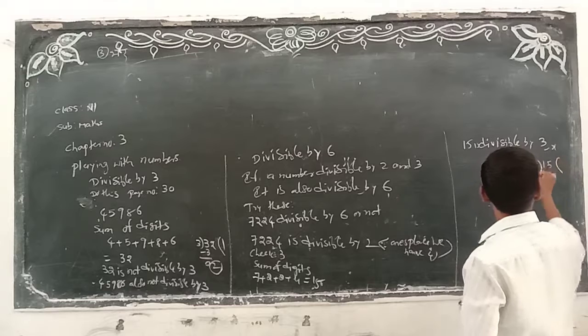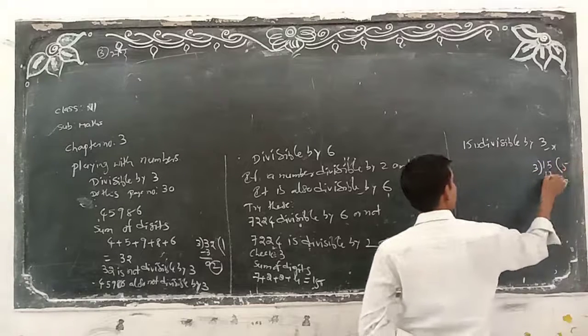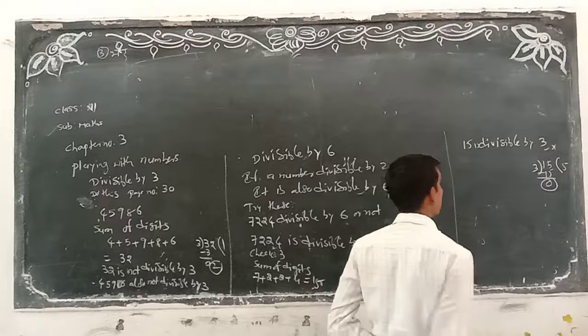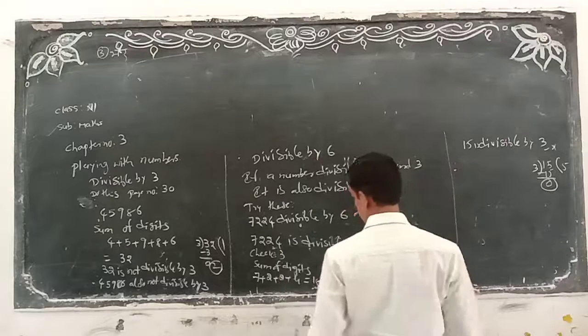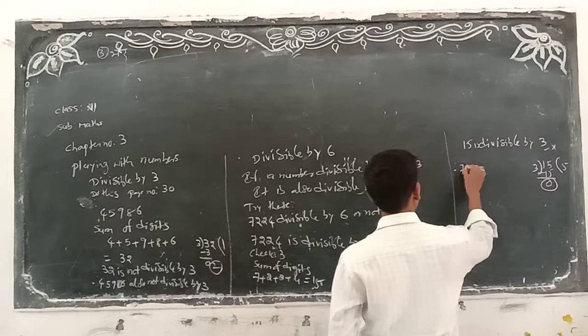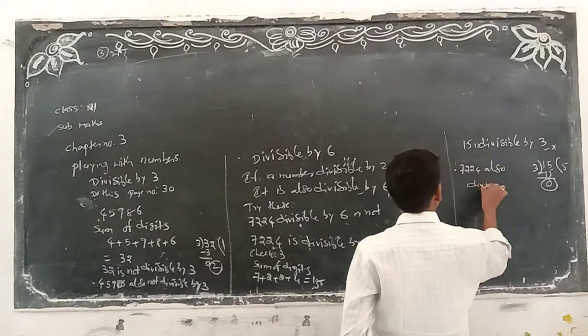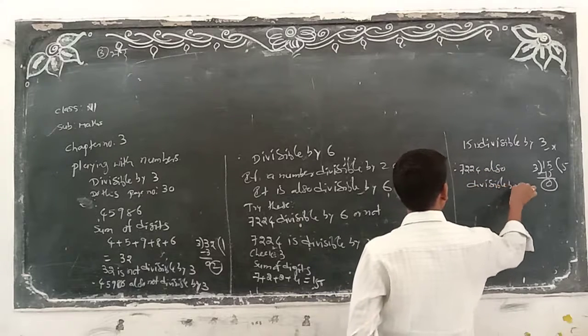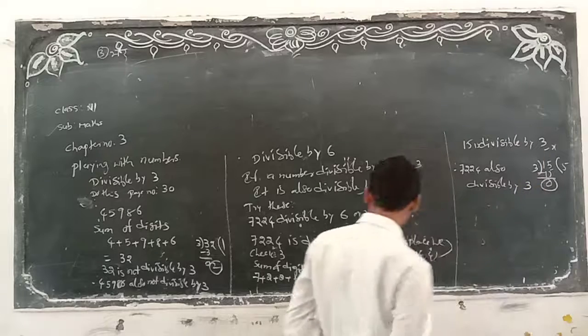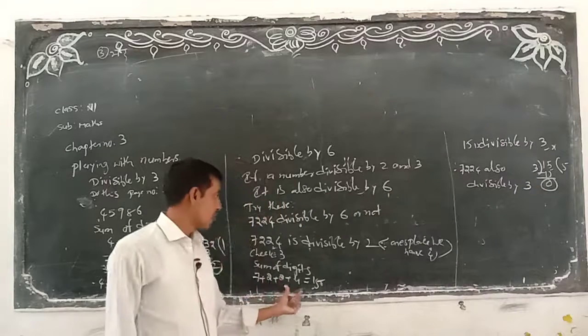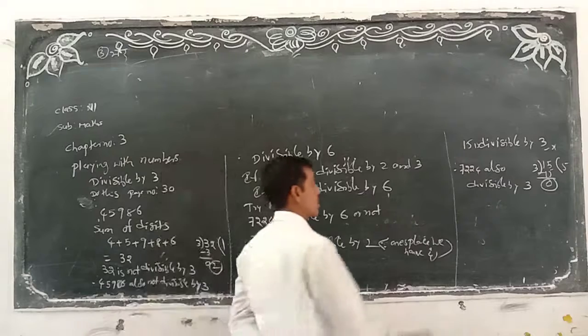Check with the 3 table: 3 fives are 15, and the remainder is 0. Therefore the total number 7224 is also divisible by 3. So it is divisible by 2 and divisible by 3.